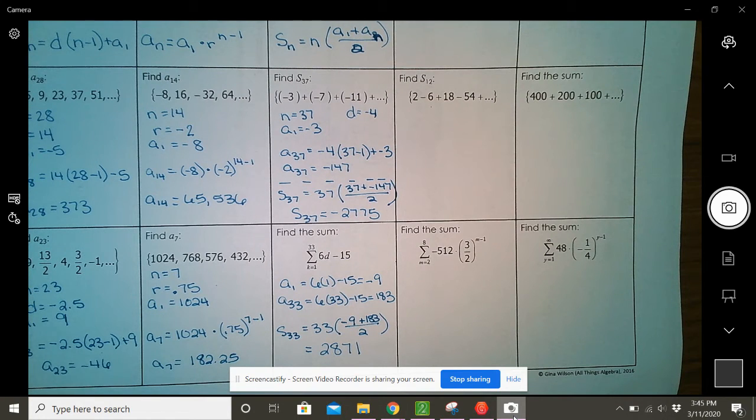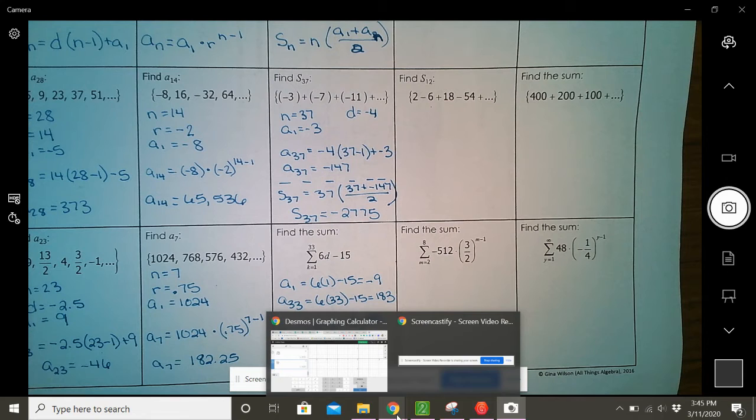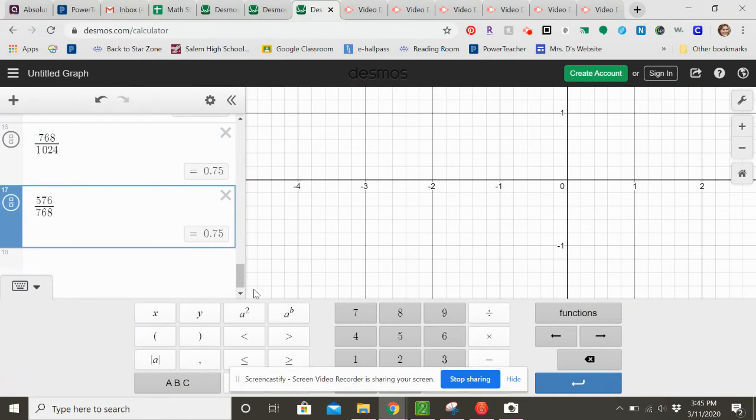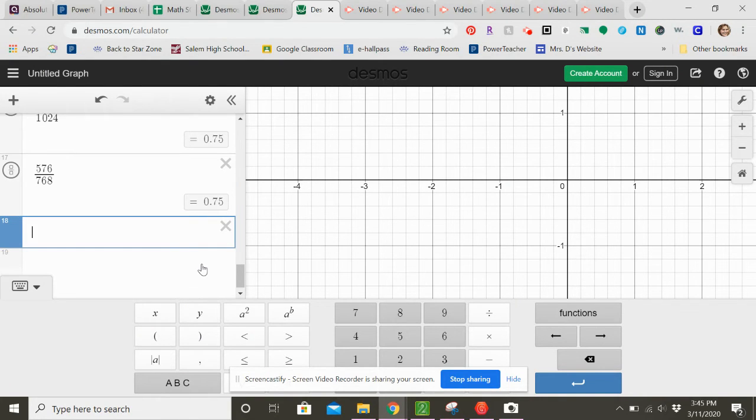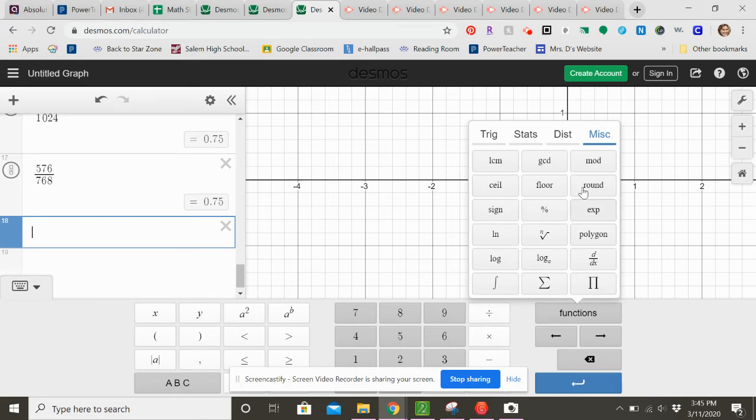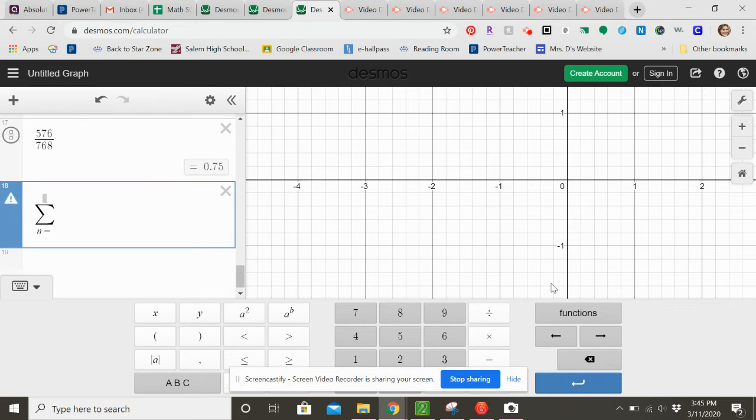I'm going to come on over here since I've got the video on, and I'm going to show you one more time how to put this into sigma notation. If you're good at this, just move on. You can fast forward the video. Sigma notation, I go to functions. Under miscellaneous functions, the sigma notation's in the bottom of the list.